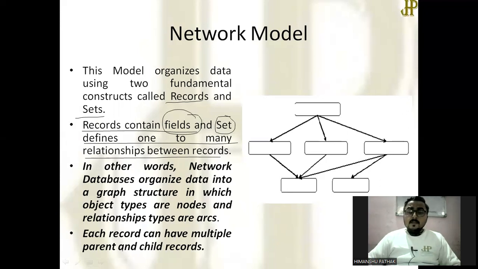In this network model, each record can have multiple parent and child records. This means that searching of any data can have multiple paths.